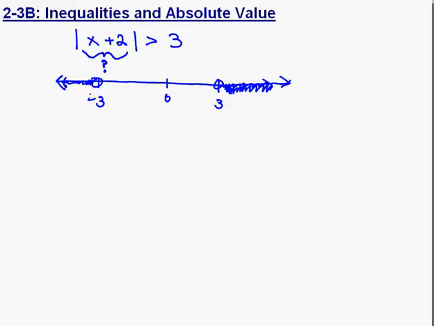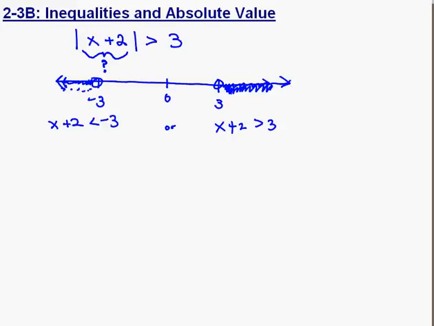So we know that all the values less than negative 3 are going to have absolute values greater than positive 3. So we would actually write two statements here. We would go x plus 2 is greater than 3, or x plus 2 is less than negative 3.